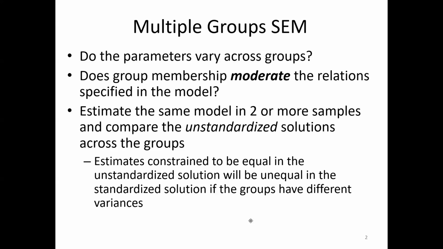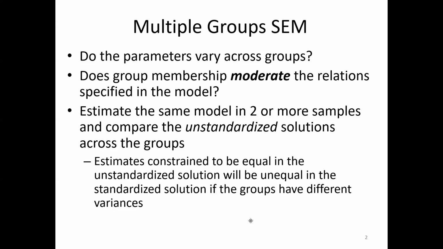I can constrain these loadings to be equal across the two groups, and intercepts to be equal across the two groups. So it seems like after I control for the level of the latent variable, items seem to be functioning in the same way across the two groups, but maybe I fall apart here in terms of the error variances, because the one group is just way less homogeneous than the other.